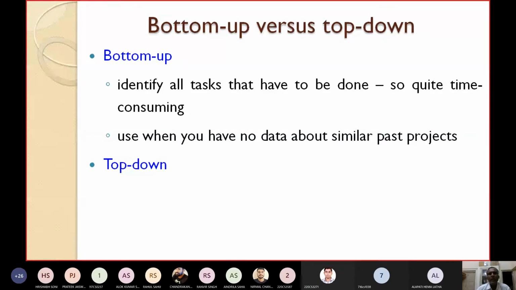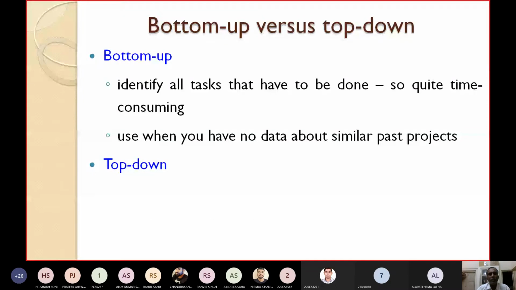You can use the bottom up approach when you have no data about similar past projects. When no data exists from similar past projects, you have to start from the beginning, so it is better to follow the bottom up approach by identifying all the tasks that you need to do.